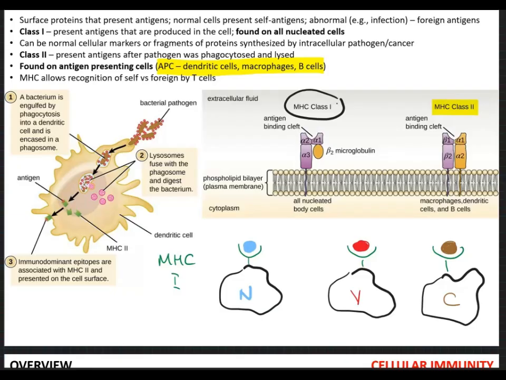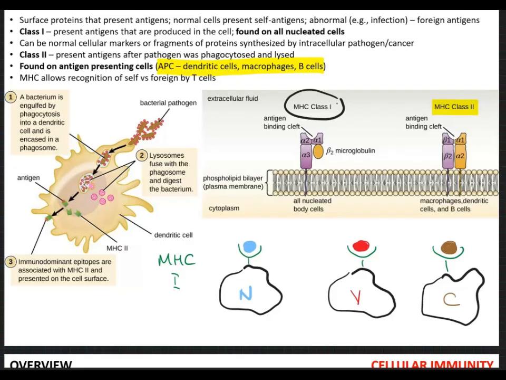So, a macrophage or a B cell, do they have a nucleus? Yes. Do they have MHC class 1 then? Yes. Do they have MHC class 2? Also yes. Antigen presenting cells carry both types of major histocompatibility complex molecules.